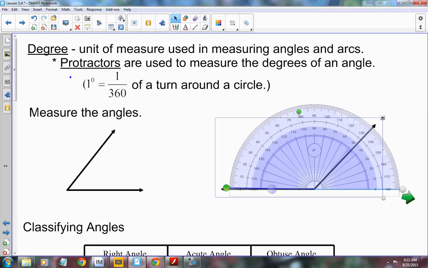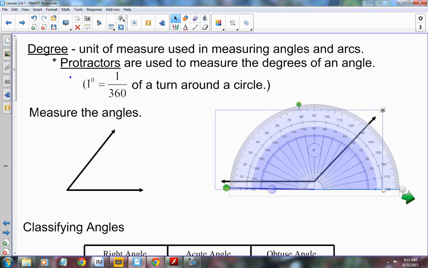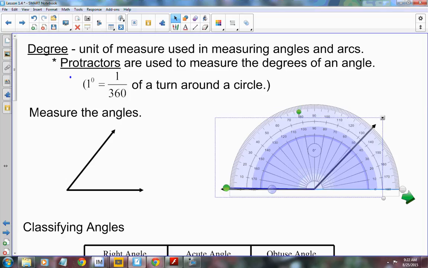And so this time, I'm using the top numbers because I'm starting out here at 0 degrees, and I'm getting bigger and bigger. See, it's going 60, 70, 80, 90, 100, and it comes over here, and it looks like it's about 133, 134, okay, right somewhere in between there, okay? And so that's how you measure with that.